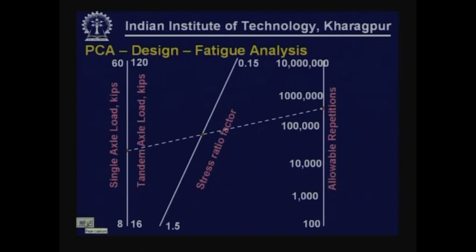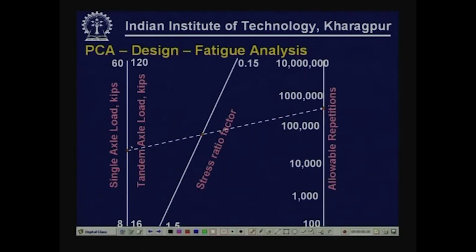So, once we select a single axle, say 20 kip, we have already worked out the stress ratio factor for single axle for the given pavement system. Connect these 2 points, extend it to meet this line, and this is the value which gives us the allowable repetitions if this is the load that is going to be applied repeatedly.